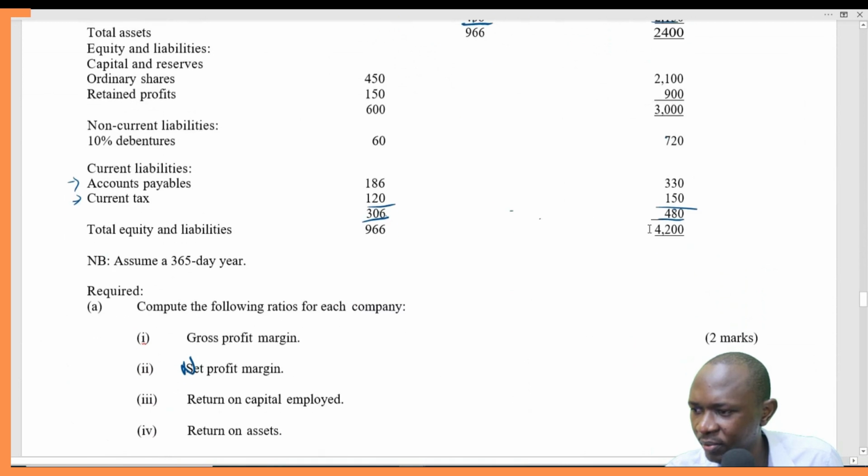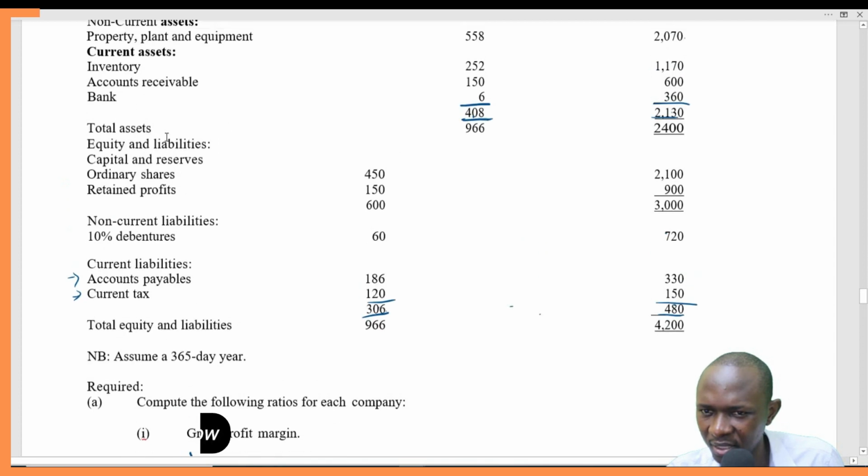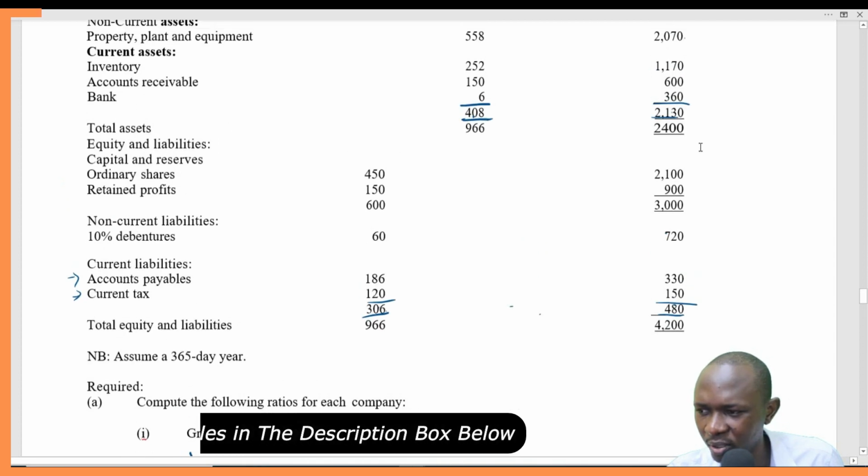1800 divided by, trying to get the total assets. Total assets 4200.